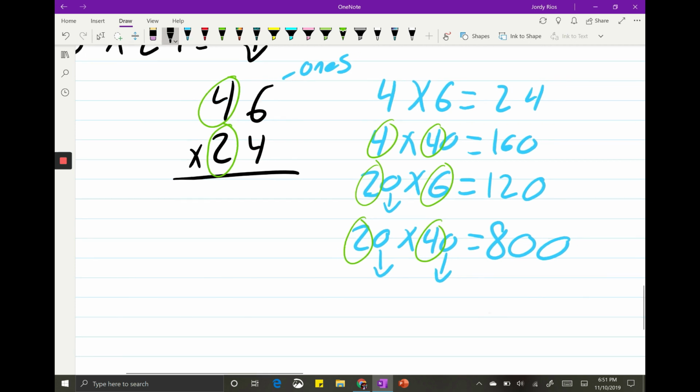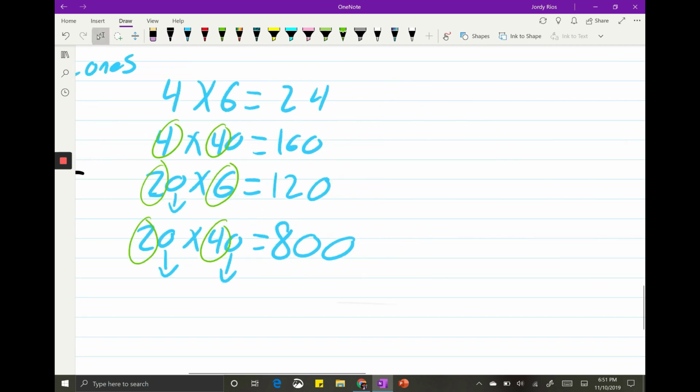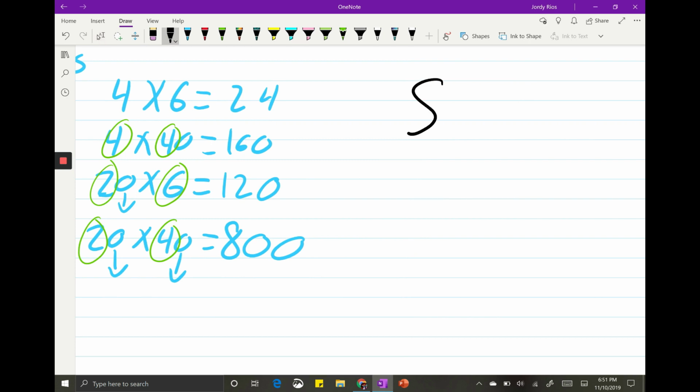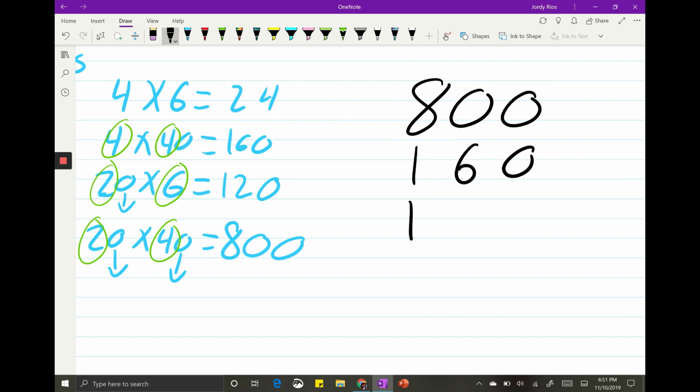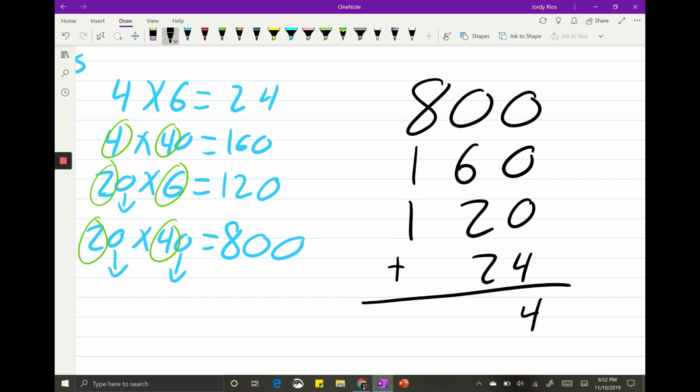And then the next thing, all we have to do is add them up. So I'm going to add up, putting them in order from least to greatest. 0 plus 0 plus 0 plus 4, 4. 0 plus 6 plus 2 plus 2, 10. 8 plus 1 plus 1 plus 1, 11.